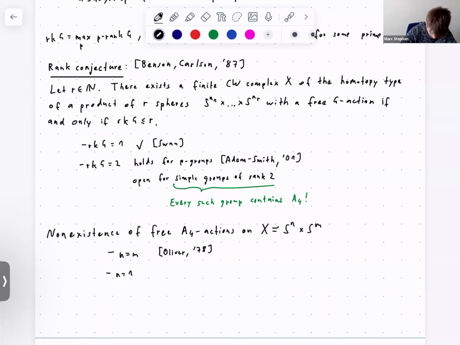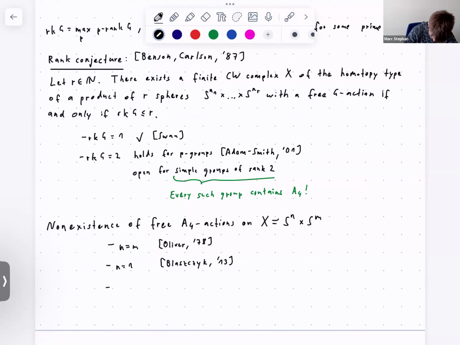So when n is 1, we also don't have a free action. And lastly, again an easy condition is that not both m and n can be even, again because of the Euler characteristic. So again, because the order of A4 must divide the Euler characteristic.